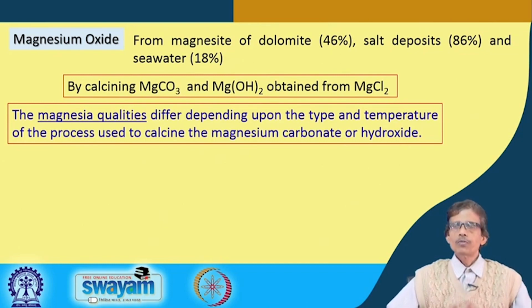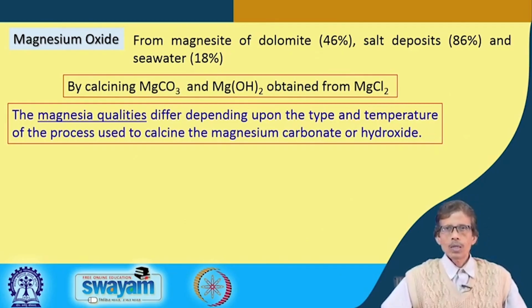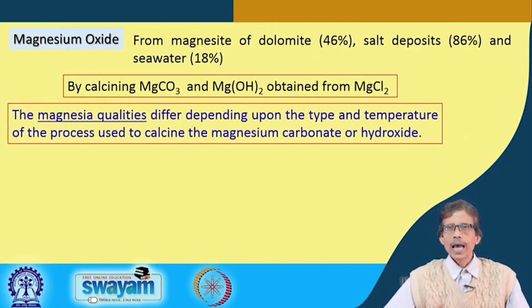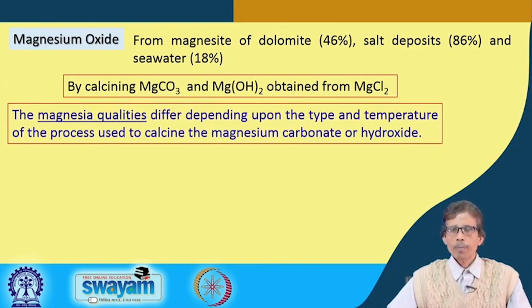We all know Al2O3, the alumina, but we have names attached to it: alpha alumina, beta alumina, gamma alumina, because their solid state structures and behavior, their hardness and all these things, are different.